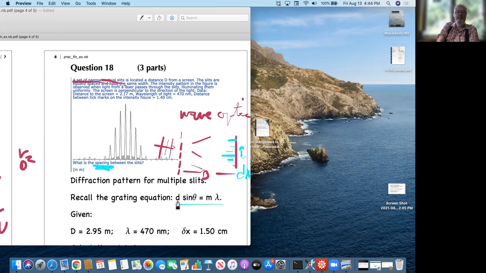And what's d? d is the distance between two slits. So d is the spacing. Maybe I should have called that s for spacing. d sine theta is m lambda. Now that's the diffraction. Those are the maxima. Those are the bright directions with the highest intensity.